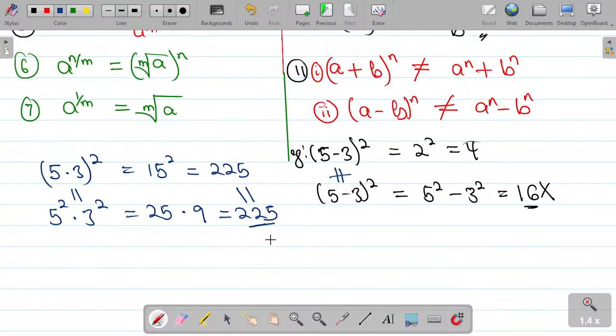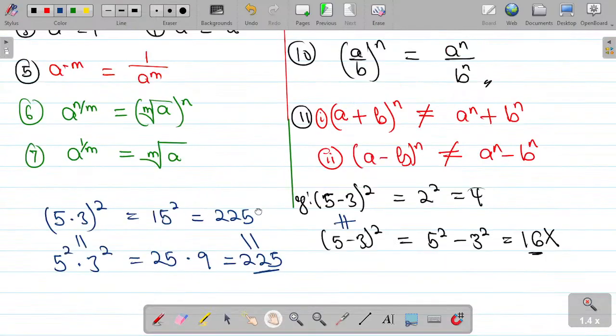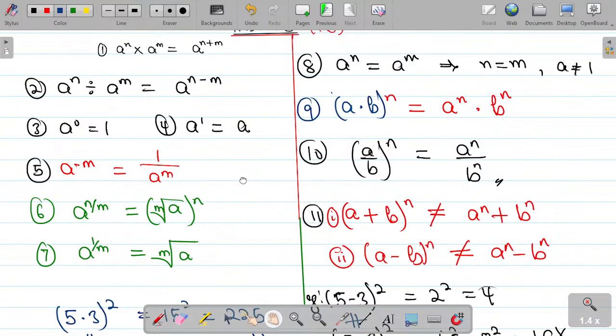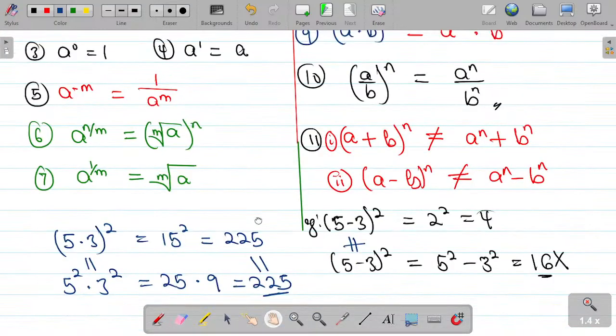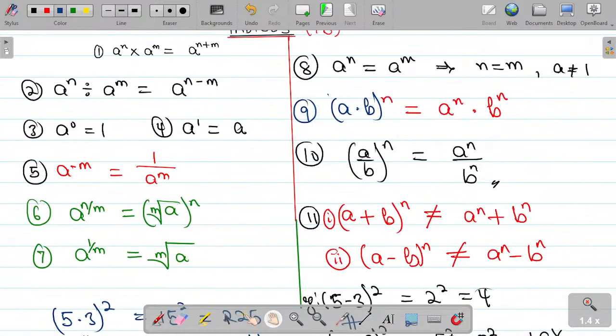Okay, so now this is a brief review of the rules of indices. Depending on what you are given, we should be able to know which of the rules will be helpful. And of course, you can combine more than one rule in solving a particular equation. Meanwhile, when it comes to exponential equations, which is what we are going to be looking at, this particular rule 8 is very important.